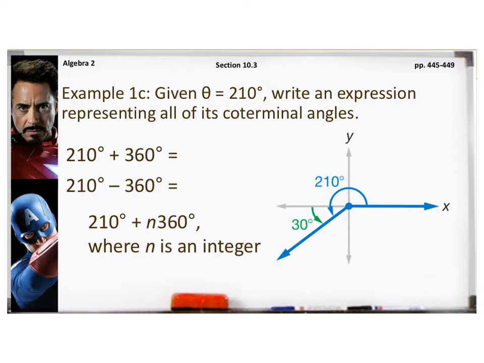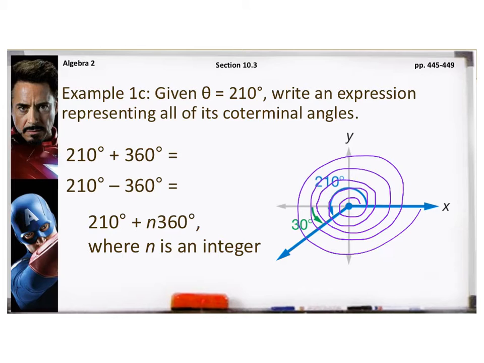Given 210, write an expression representing all its coterminal angles. Well, I know that I have to add, but I can add 2 circles, right? I could do 1 extra circle, 2 extra circles, and then here. Or I could add 3 extra circles and 4 extra circles, and I can add as many as I want.